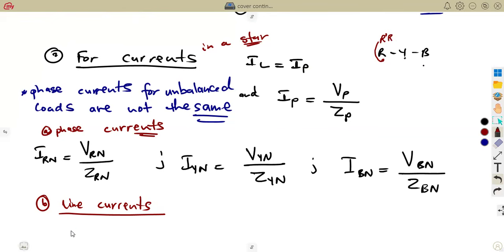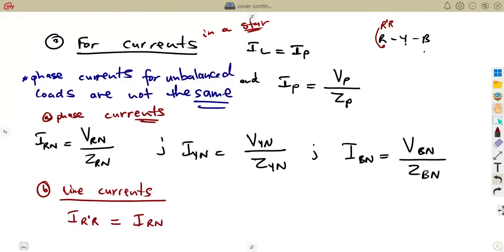I talked about this. So the current for the red line is the same as the current for the red phase that you calculated there for the phase values. That's IRN. The current for the yellow line is equal to the current of the yellow phase, the phase current, IYN.